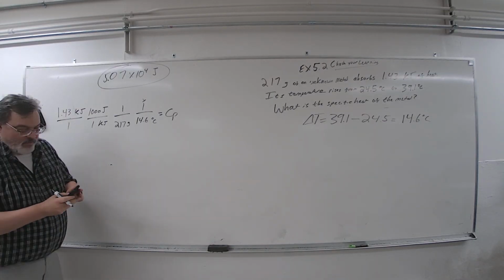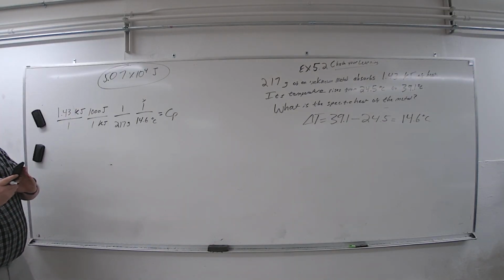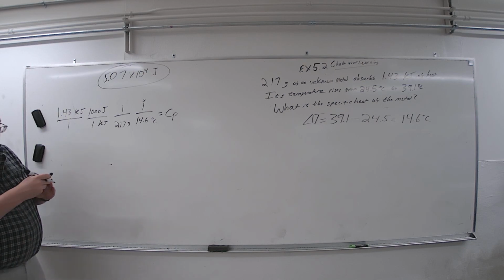All right, somebody do it with me. Times 1,000 divided by 217, 14.6.